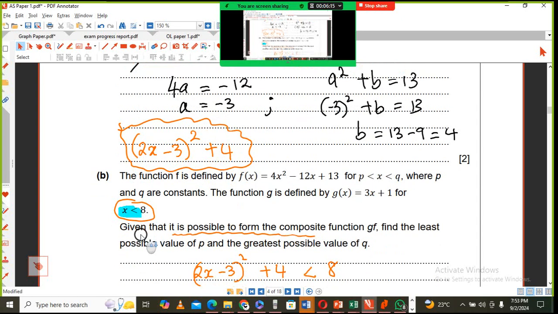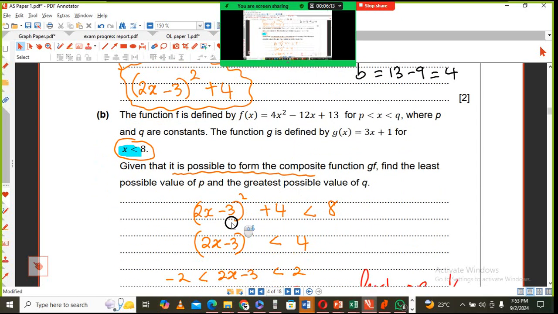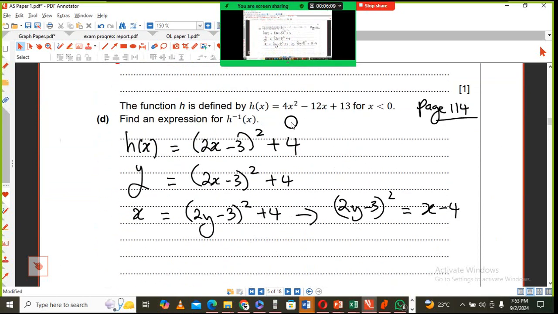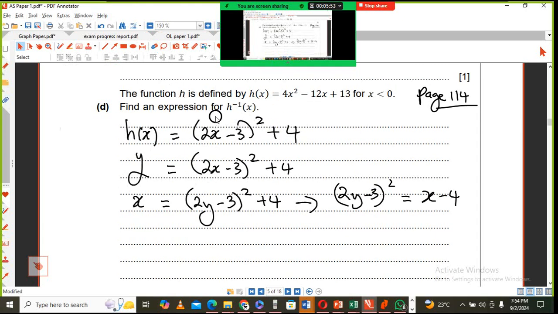Because they are using the same function in a different scenario, they are saying that function now is defined for x less than 0. Now you first have to find the inverse, which necessarily will not work there because the other one was compared with x is less than 8. So first you need to know how to find the inverse. So it has to be in this vertex form for you to do so.